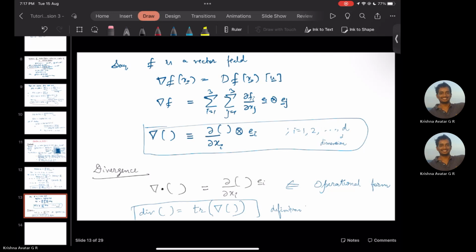However, divergence is the opposite. If it were a first order tensor, the divergence would give us a scalar. If it is a second order tensor, taking divergence gives us a vector. You see that? So there is a reduction in the order of the tensor after the operation.